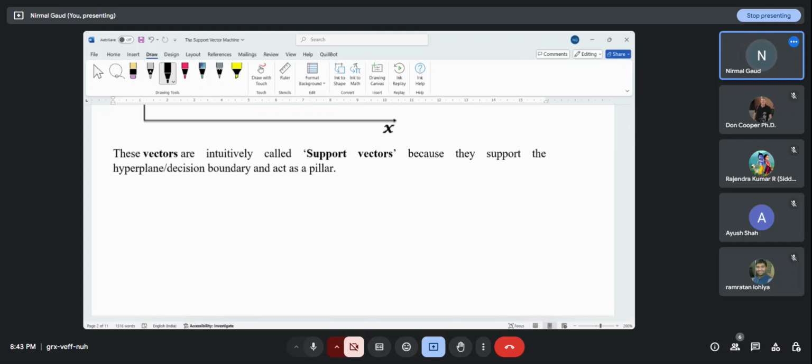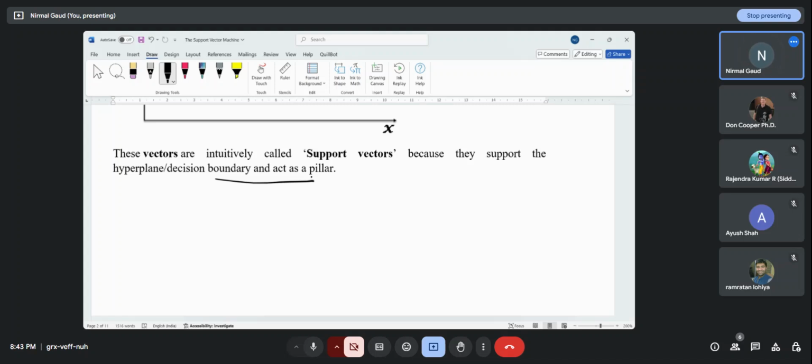Okay. Support vectors act as a pillar in defining the decision boundary. That's why this algorithm is said to be a support vector machine.